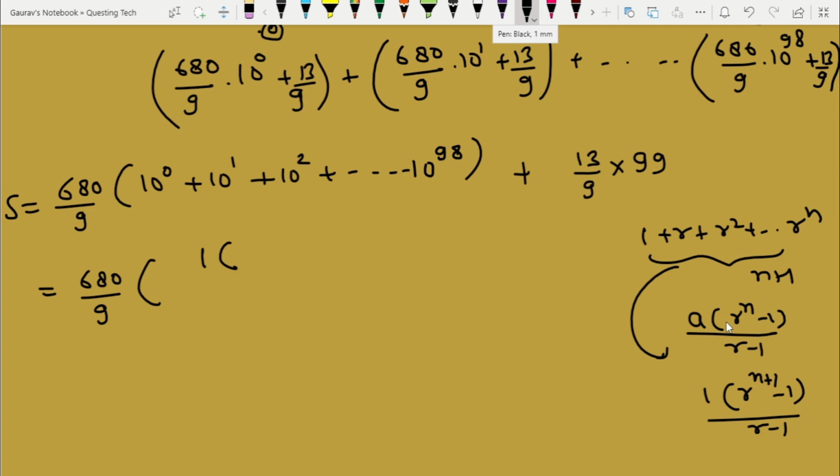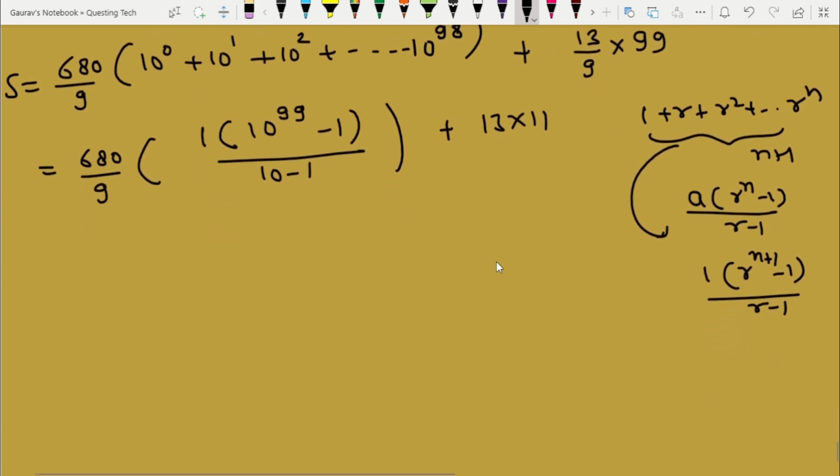So it is a formula: a is the first term, r is the ratio of two consecutive terms. So 1 multiplied by 10 raised to 99 terms, minus 1, divided by 10 minus 1. Okay, sure. Plus 13 multiplied by 11. Can we say this?